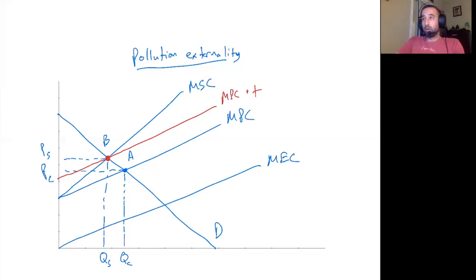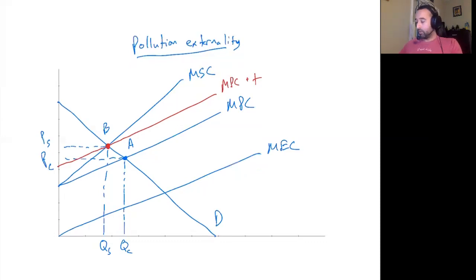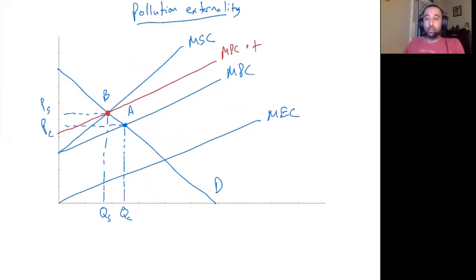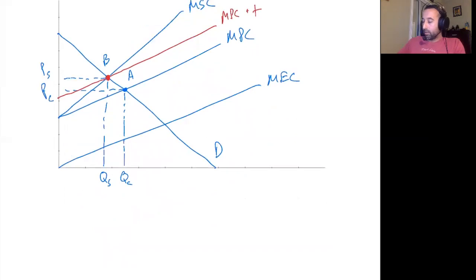Okay. And so to derive the condition for the optimal tax, I will write that the tax, the optimal amount of tax per unit, T, is equal to the marginal social cost at, I'm going to put the star here because the star denotes that it's the marginal social cost evaluated at the socially optimal quantity, right?